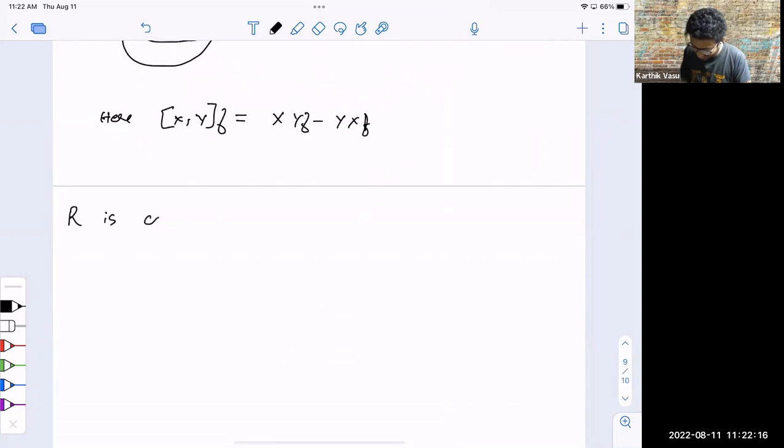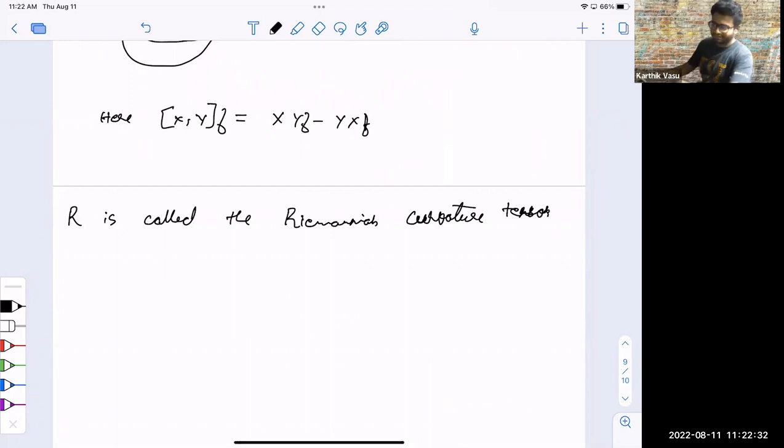So R is called, whatever, it's called the Riemannian curvature tensor, not very important.